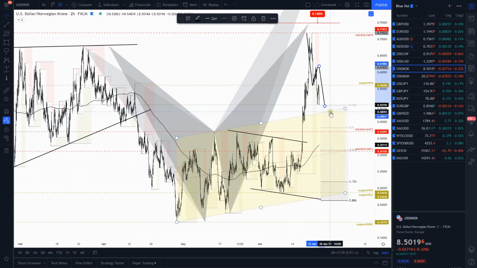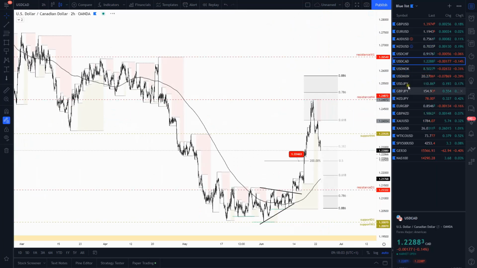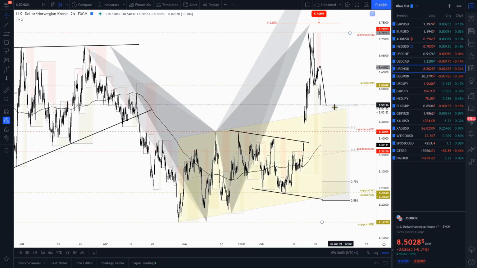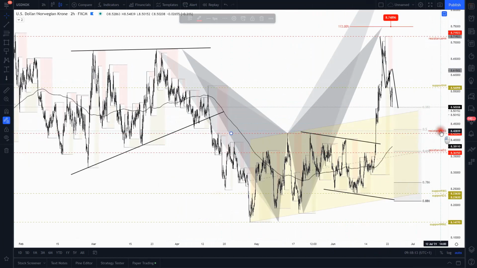At this point, jumping to the Norwegian krone, I will not be surprised to see the Norwegian krone finding support at this previous structure resistance or close to these levels. We also have a horizontal fractal resistance at 42.09.